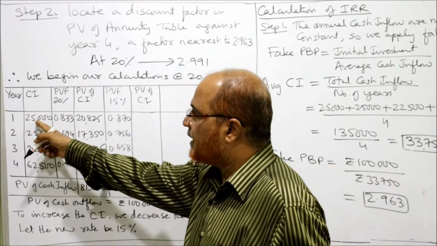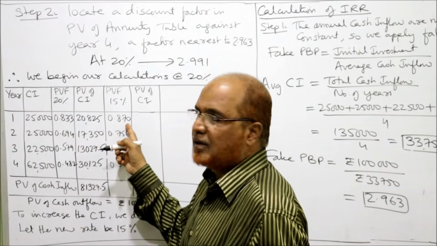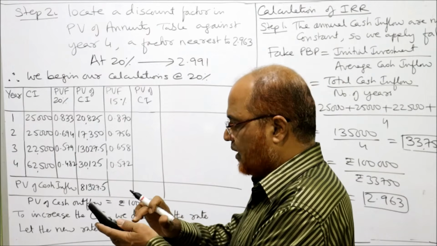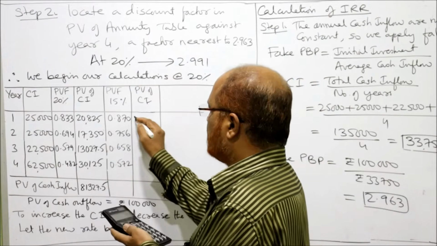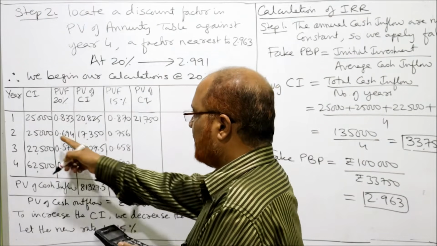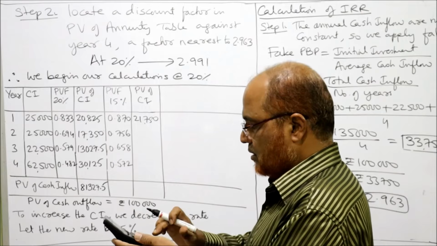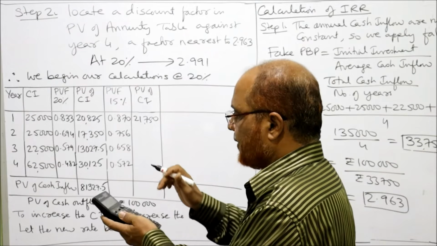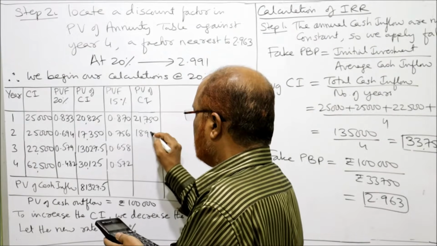Now multiply again cash inflow with PV factor. Cash inflow 25,000. So 25,000 into 0.87, you are going to get 21,750. Here 25,000 into 0.756, you are getting 18,900.